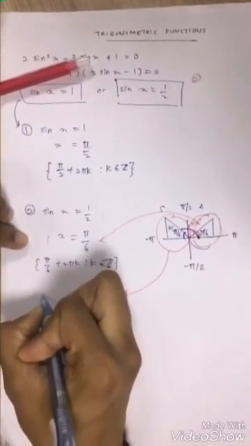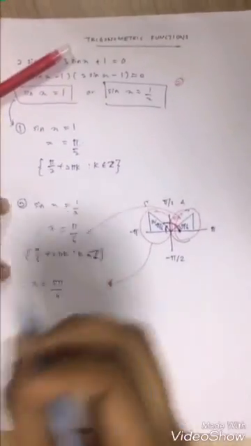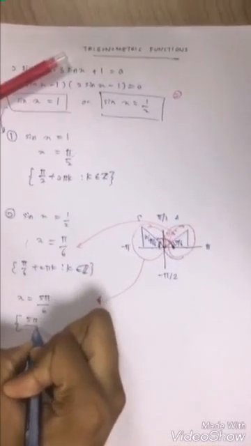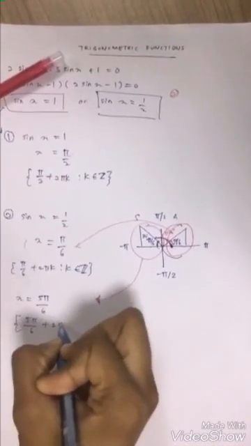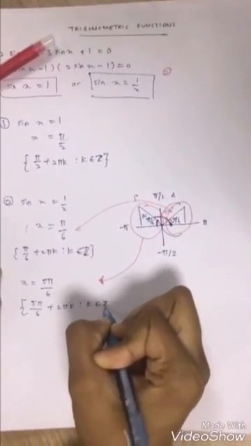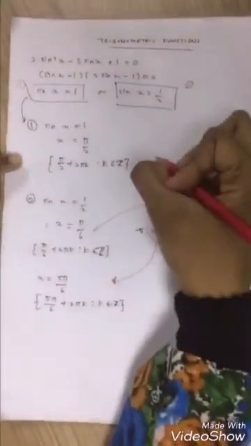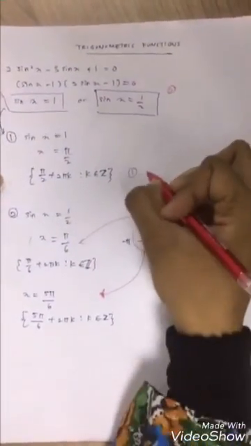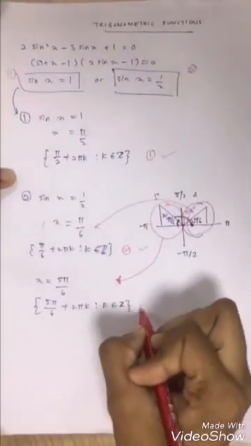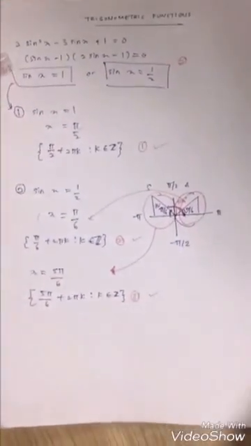So the second is x equals 5 pi over 6, and the equation should be like this: 5 pi over 6 plus 2 pi k, where k is in the integers Z. So we combine this equation and that equation into one equation.